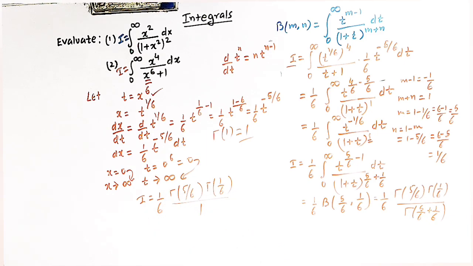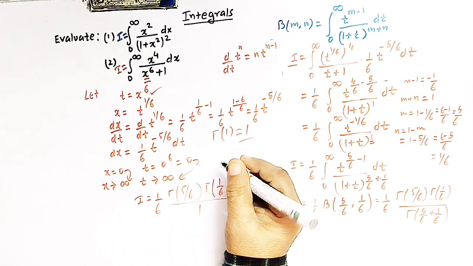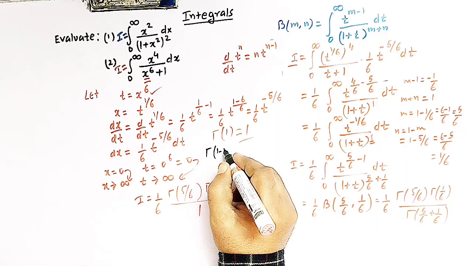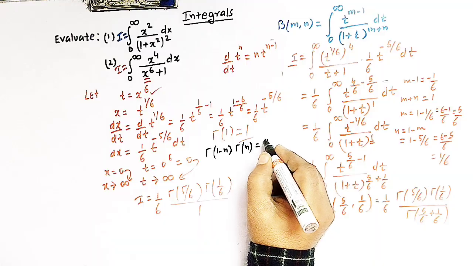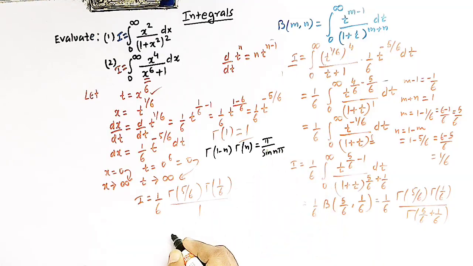So now Euler's reflection formula goes like this, that is gamma 1 minus n times gamma n is equal to pi divided by sine n pi, right?